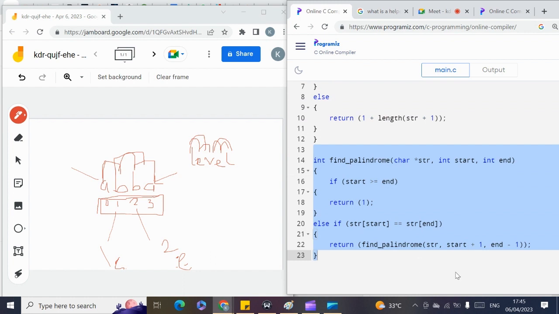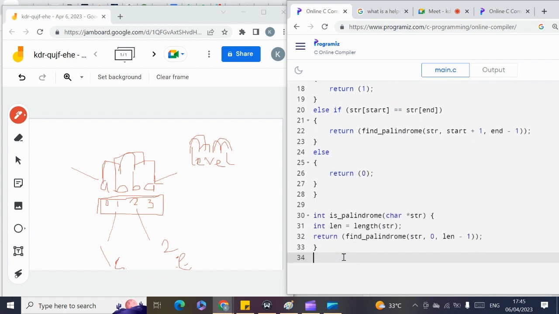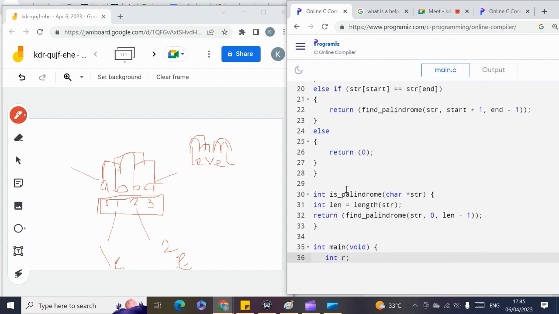And then we have the last one, which was our prototype. So this prototype is actually calling the two functions.